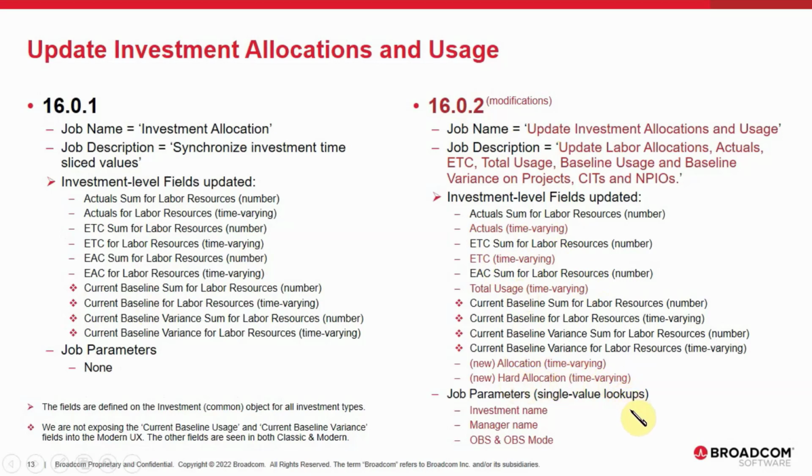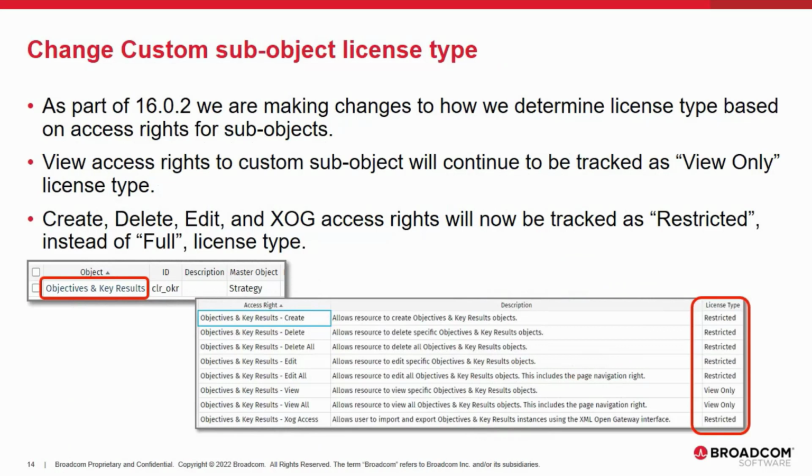Starting 16.0.2, we are also making a change as to how the license type is calculated for sub-objects. In the past, if a user had create, delete, or edit right to the sub-object, then those would be counted as full license type.